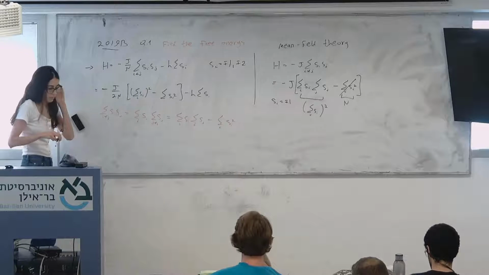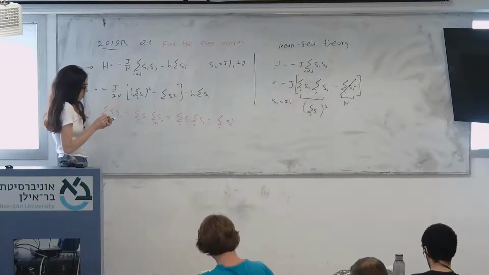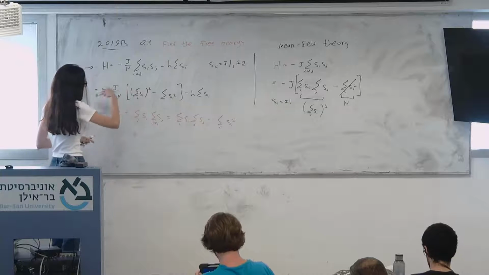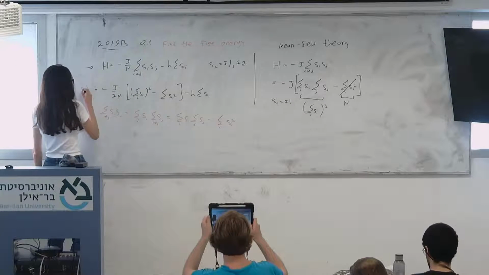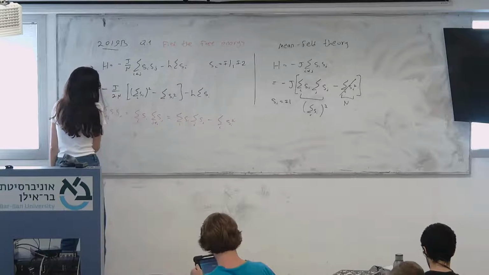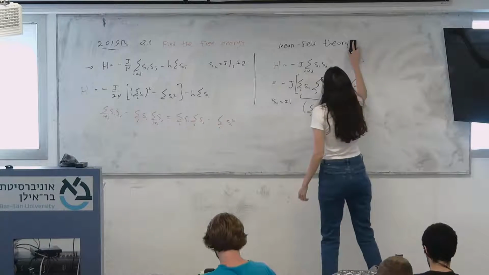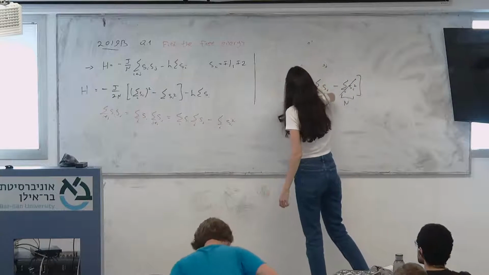Exactly. Okay? So this is our Hamiltonian now. So we need to find the free energy. What we want to use is the partition function, because that's what we know how to do.